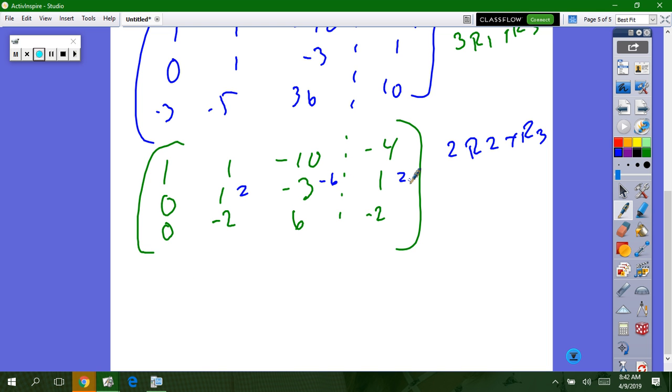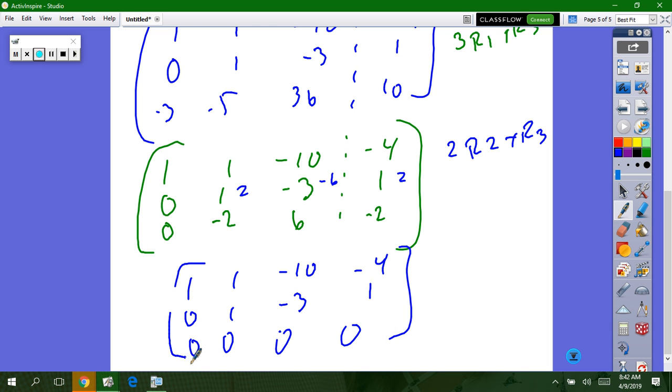What does 0, 0, 0, 0 mean? Infinite solution, like when 0 equals 0, right? So this is infinite solution. Now, am I done with just the infinite solution?